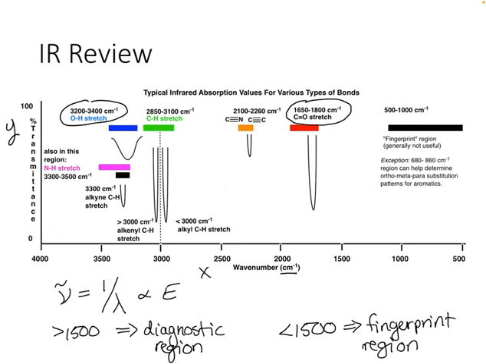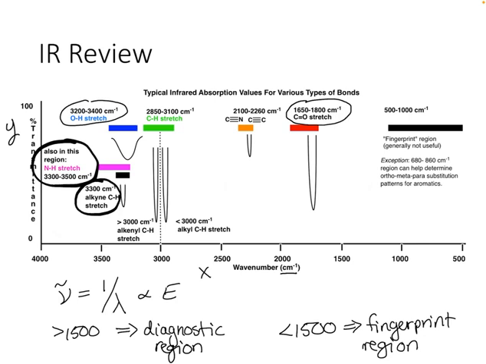Now going back to the left, we can also find nitrogen-hydrogen stretching from about 3300 to 3500 inverse centimeters. You might also see an alkyne stretch depending on your molecule at about 3300 inverse centimeters.